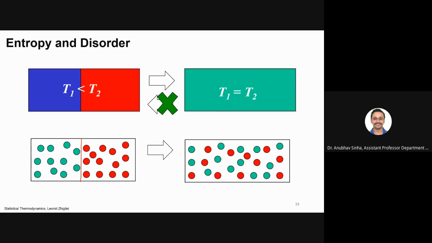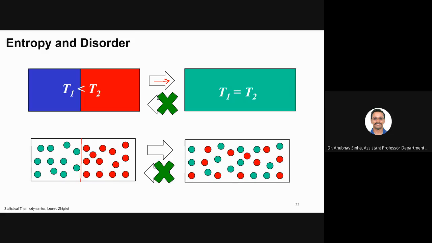Two metals will not separate themselves and will not go back to different temperatures. This is the natural direction; this is not. Similarly, mixing is the natural direction, unmixing is not. If you leave it for any time you want, the gases will not separate automatically.